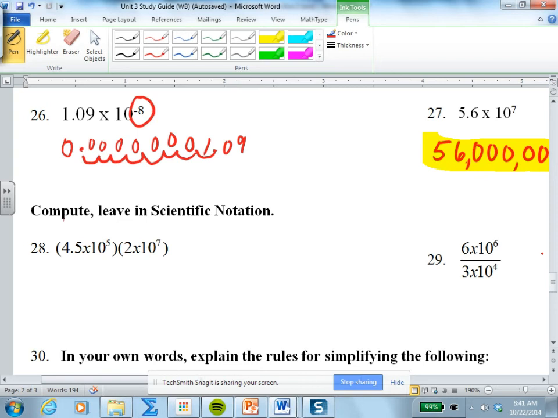Okay. Number 28, we are computing in scientific notation, and sorry for these X's that have no spaces by them. They were meant to indicate some multiplication, but I have to use the product rule. 4.5 times 2 is 9. Times 10 to the 5 plus 7 is 12. 9 times 10 to the 12.